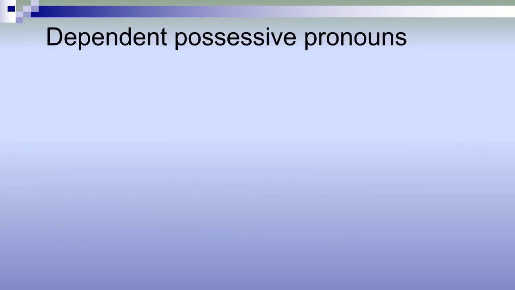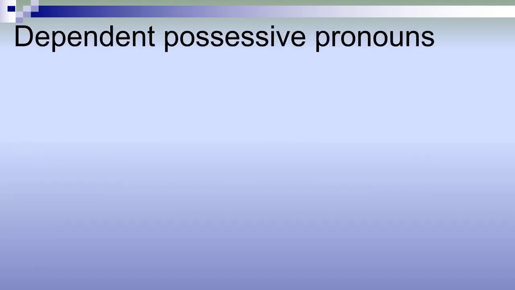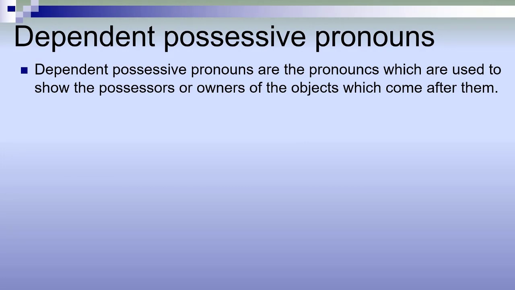And then we have the dependent possessive pronouns. Dependent possessive pronouns are the pronouns which are used to show the possessors or owners of the object which comes after them. So they substitute something else and the object comes after them.